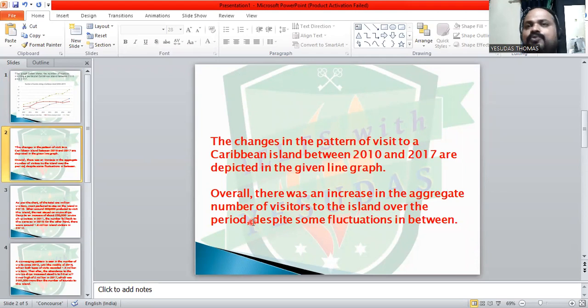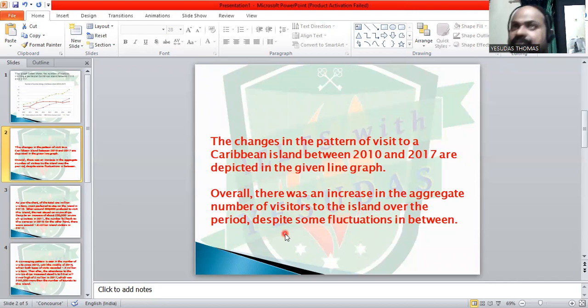Despite those fluctuations, you can see there was an increase in the aggregate number of visitors. So we have seen the introduction and we have seen the overview too.